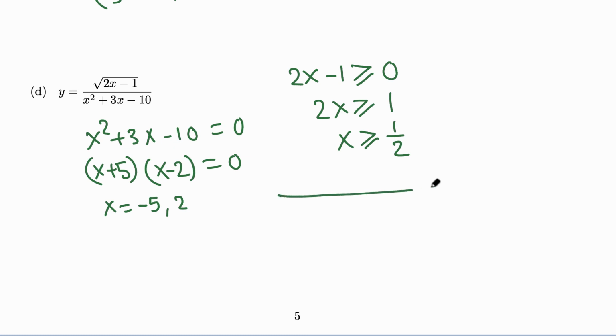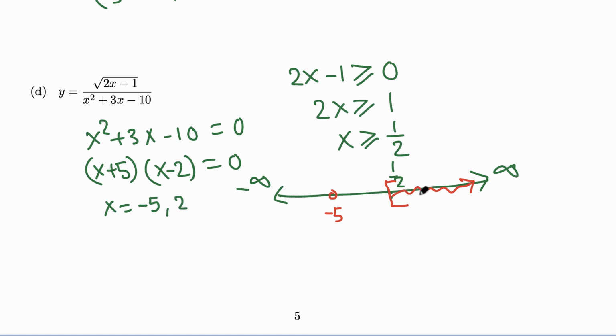So on the number line, x must be bigger than or equal to 1/2. 1/2 is somewhere here, and it is included, and bigger. At the same time, we cannot have x equal to negative 5. In fact, this is already excluded because our domain only contains numbers 1/2 and bigger.